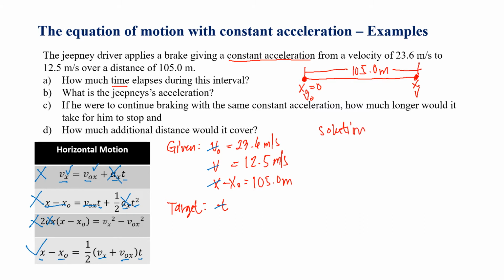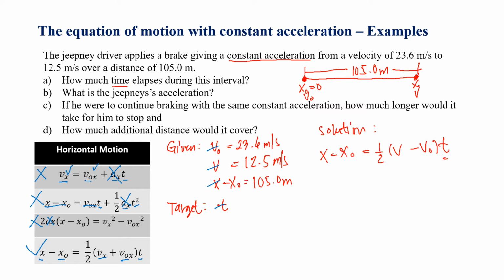Let us continue solving the problem. Using equation number 4, you have x minus x naught is equal to 1/2 (v plus v naught) times t. Let me just remove the subscript x. Our target here is your time t.